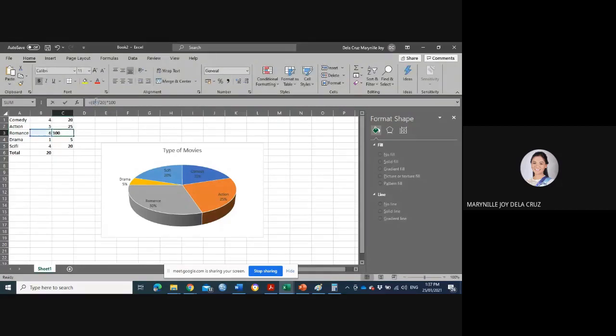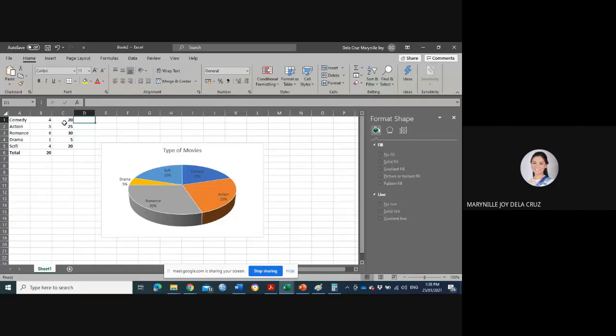B3 is 6. B4 is 1. Paano siya B4? Column and row. So that's it. And the last one is B5 is 4. Column, row. So 20% for comedy.